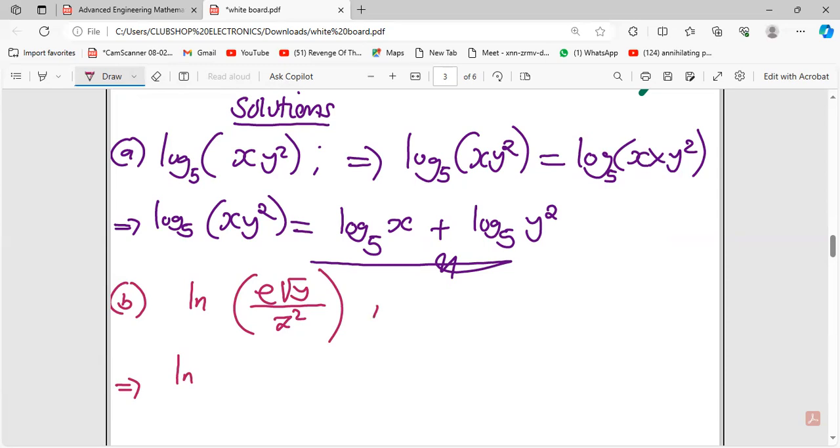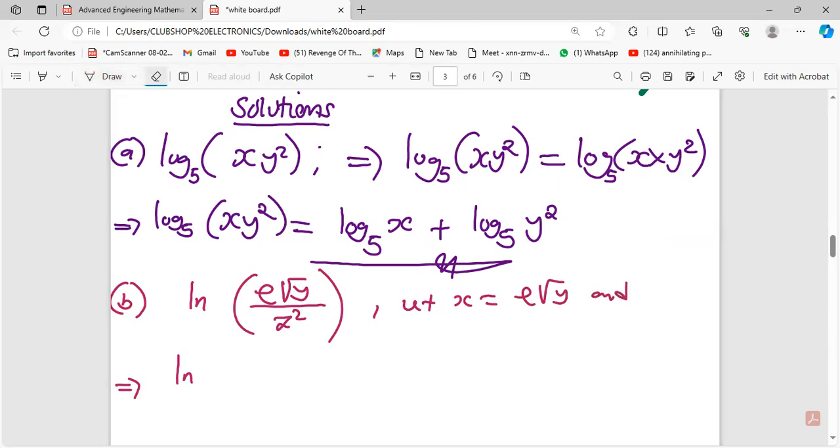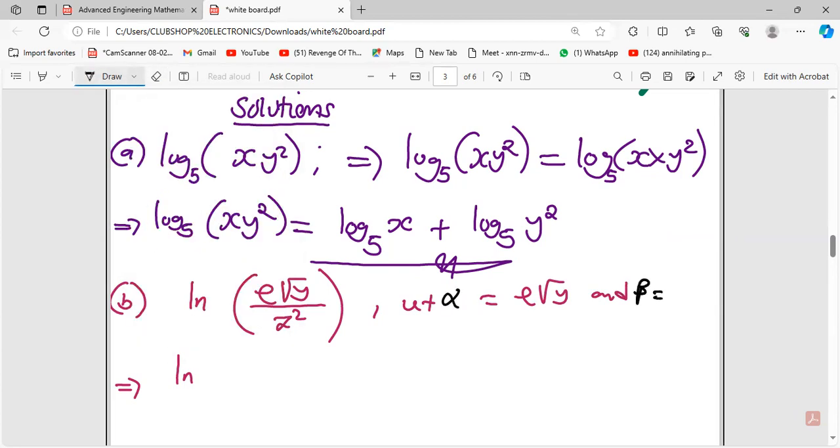If you want, you can even say let alpha be equal to e square root of y, and beta is equal to z squared.